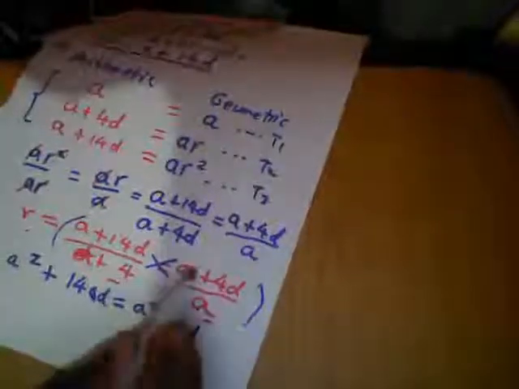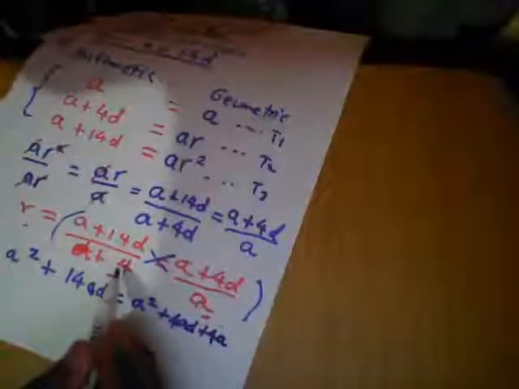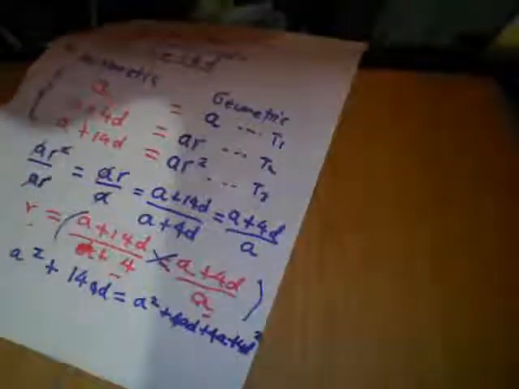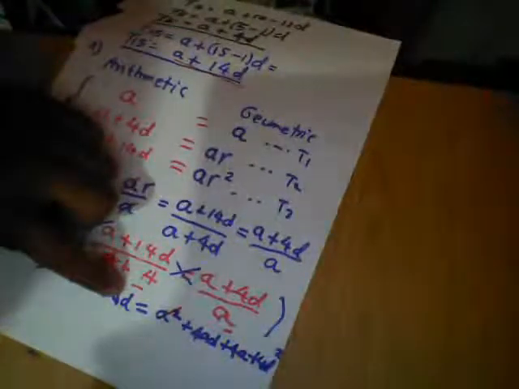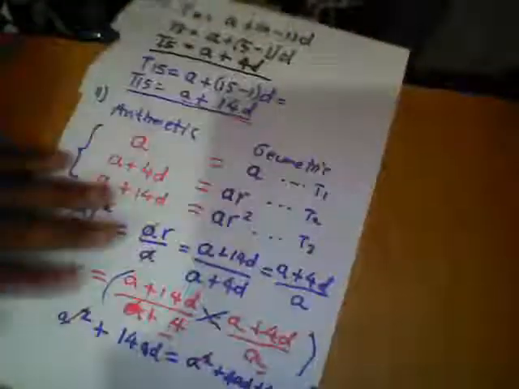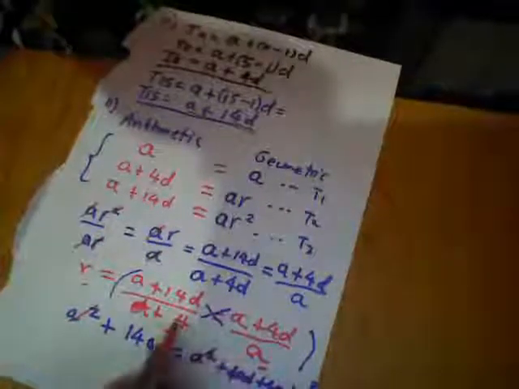Now the second one. I think I multiplied wrong here. a times a is a squared, and a times 4d is 4ad.